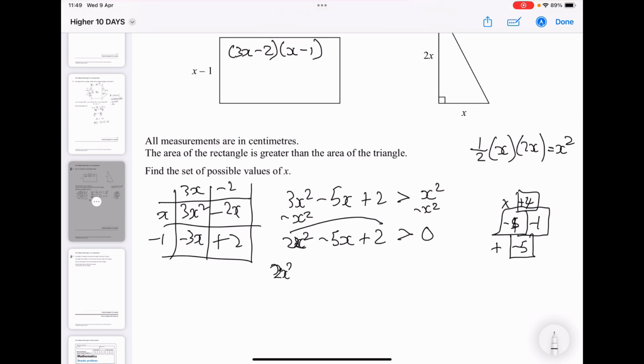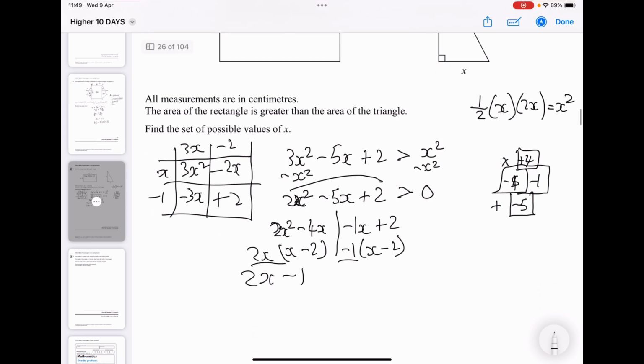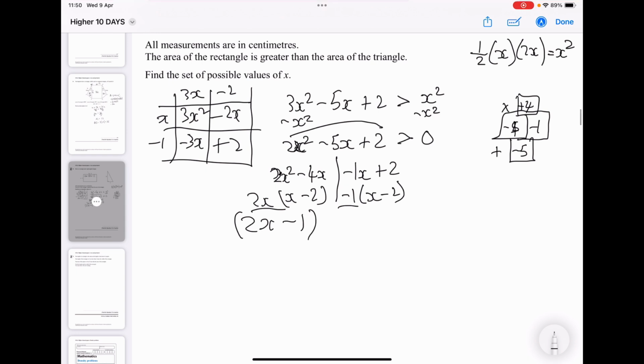So what I get is 2x squared minus 4x, splitting the middle term, minus 1x plus 2. I factorise that, so I've got 2x times x minus 2, and then minus 1 times x minus 2.